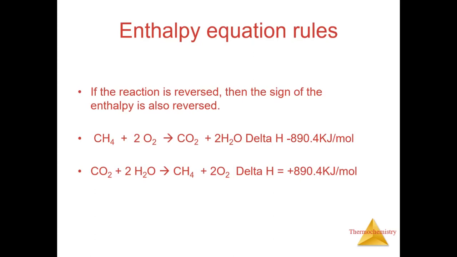But in order to do that reaction, I have to put 890.4 kilojoules into that system to make that reaction go. Whereas if I take methane and oxygen, put them together, I'm going to release that energy. So if we reverse the reactions, the sign of the enthalpy also gets reversed.